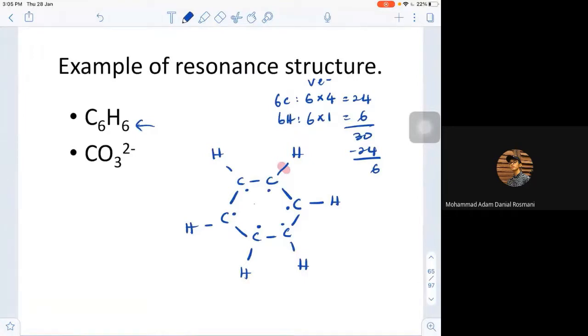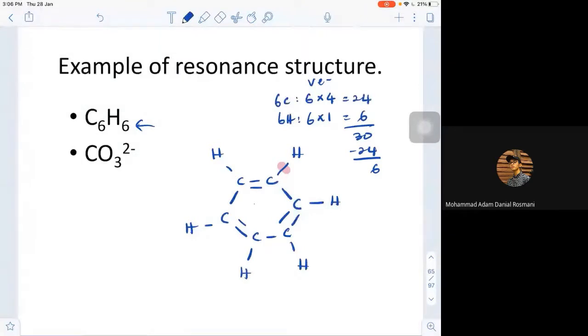So for them to achieve octet, these 2 carbons share the 2 electrons and form a double bond, and this carbon and this carbon share their electrons and form a double bond there. If you look at the double bonds, they are at alternate carbons.